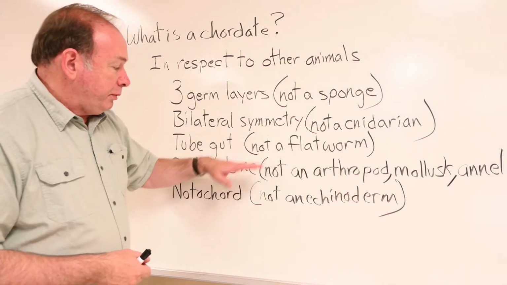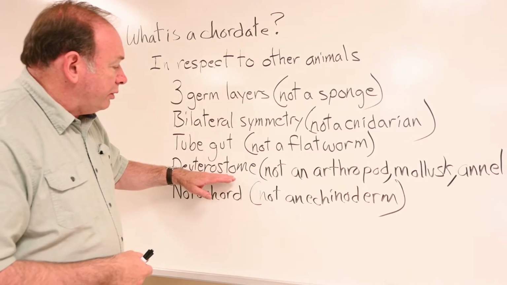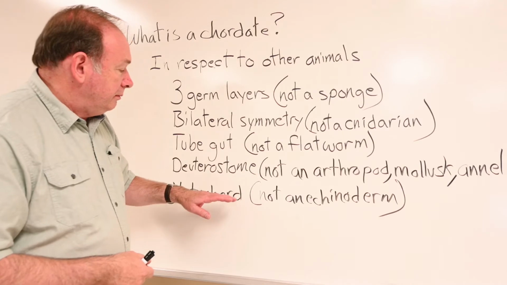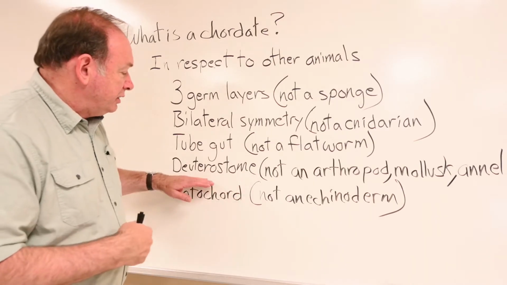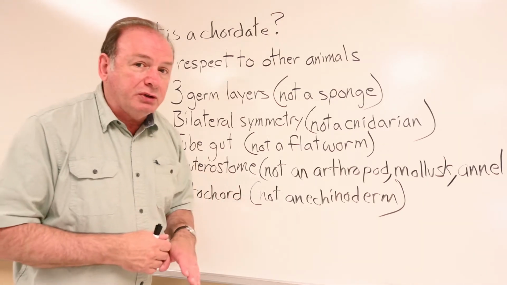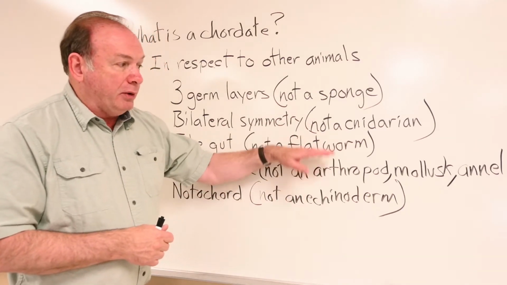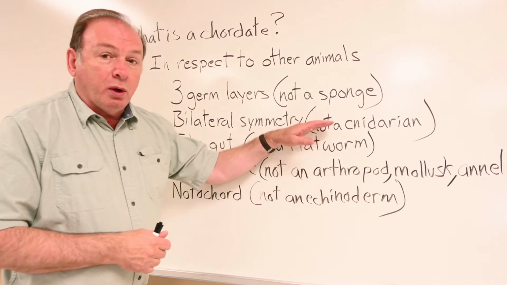And then beyond that, all deuterostomes have that second opening that develops in the formation of the tube gut to become the mouth. Everything that had a mouth above that in a tube gut was a protostome.